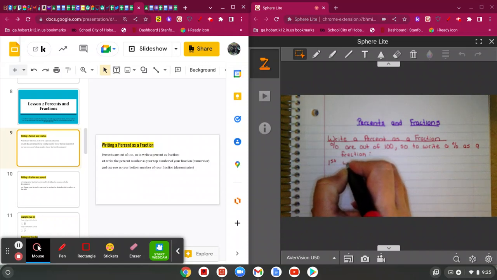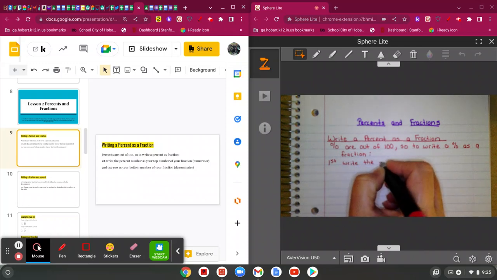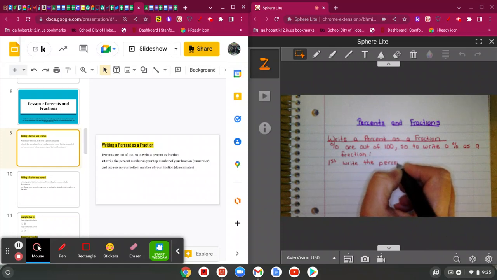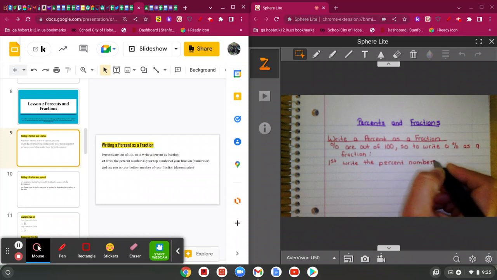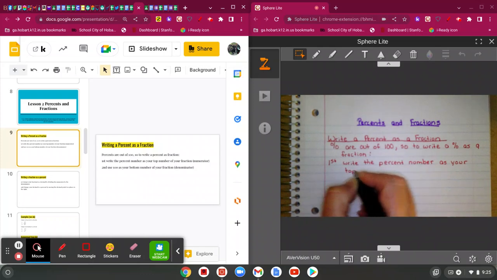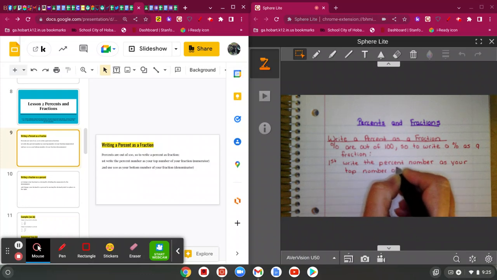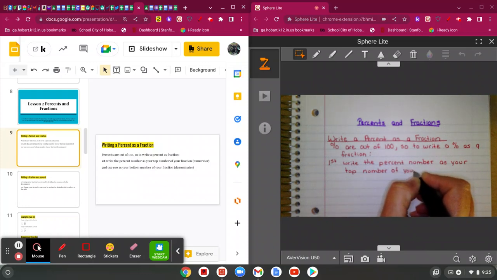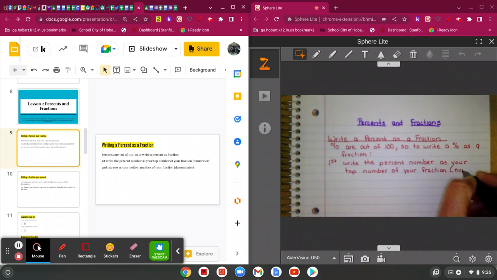So you will write the percent number as your top number of your fraction, which is also your numerator.